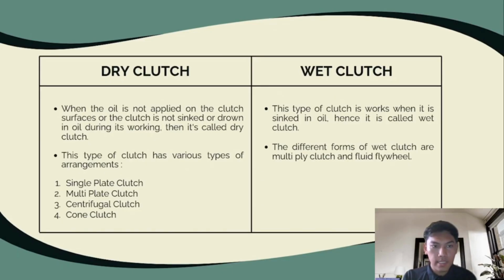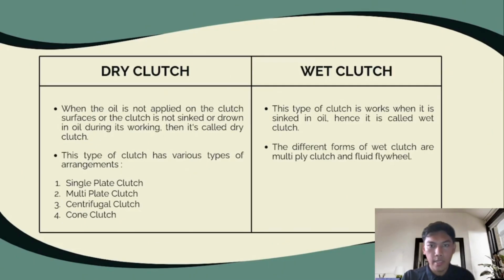First is single plate clutch, used for power transmission. Second, multi-plate clutch, used for better performance. Centrifugal clutch, used to engage and disengage the clutch. And lastly, cone clutch, a cone-shaped surface for power transfer.